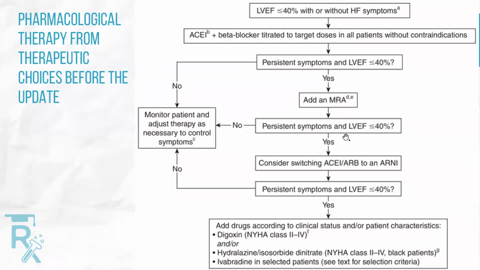If the patient's heart rate is 70 or more, I will do two things. The first is add ivabradine to control heart rate more. The second is switch ARB or ACE to ARNI. But if the patient's heart rate is less than 70 or the patient has atrial fibrillation or a pacemaker, I will only make the switch from ACE or ARB to ARNI without adding ivabradine.